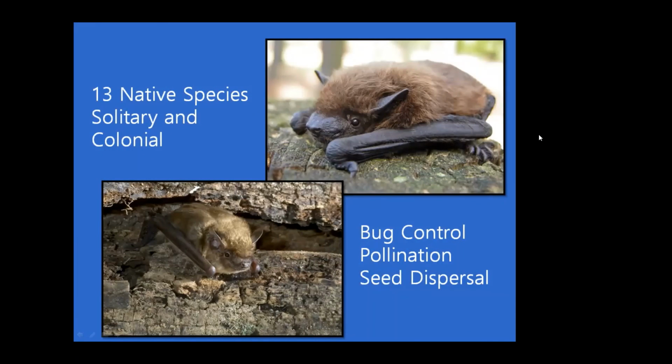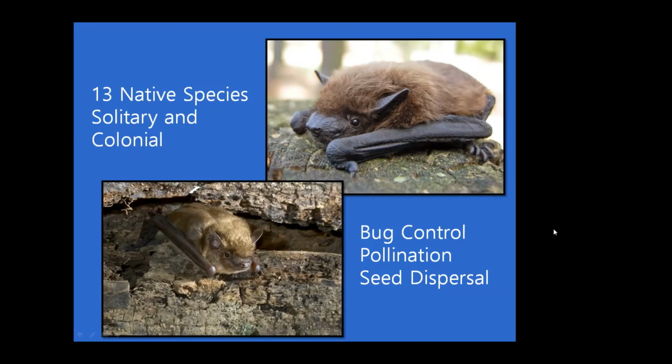So just a little primer here. We have 13 native species. They travel tremendous distances. These are the bug control, pollination, seed dispersal. Those are the services that they provide us. They are a vector for rabies. If you ever see a bat that looks dead, pick it up with a shovel and dispose of it.